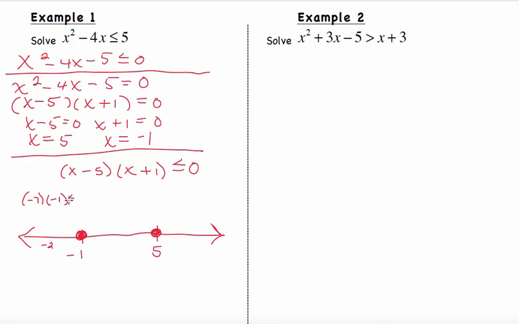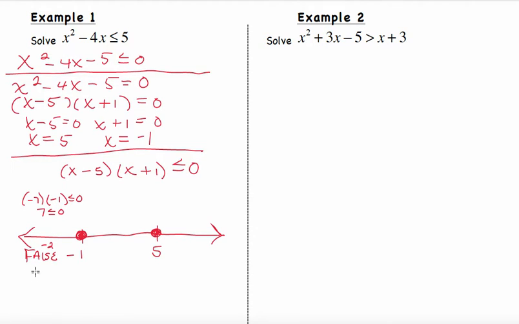And I'm going to test to see if that result, when I multiply, is less than or equal to 0. I get 7 less than or equal to 0, and that's false. 7 is not less than or equal to 0. So this interval is not part of my solution set.